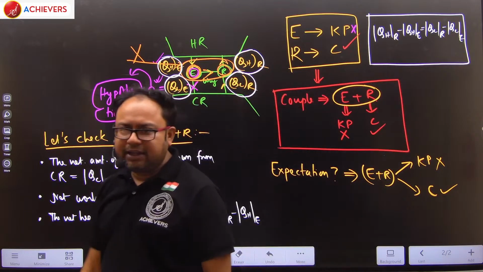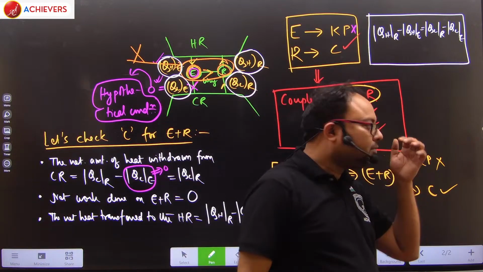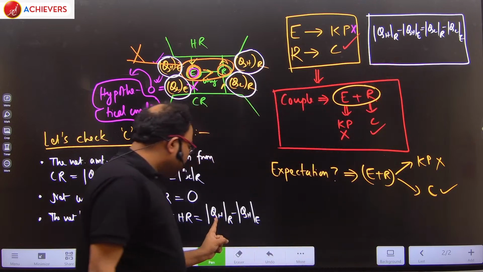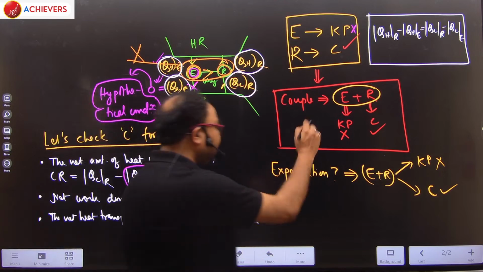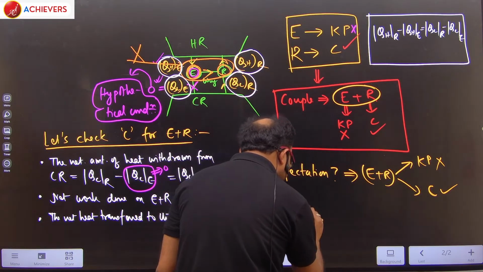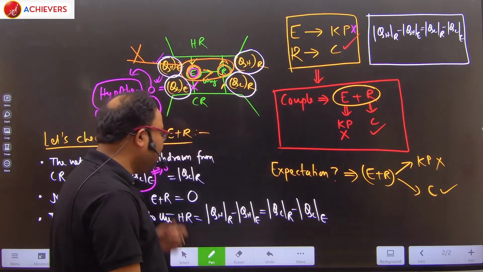So mod of QHR minus mod of QHE can be replaced by mod of QCR minus mod of QCE. We can always write it like this.